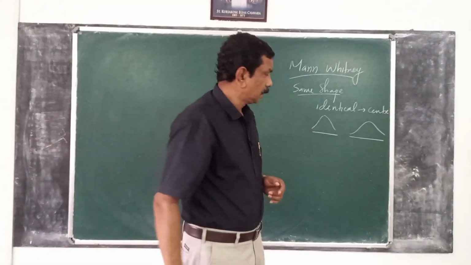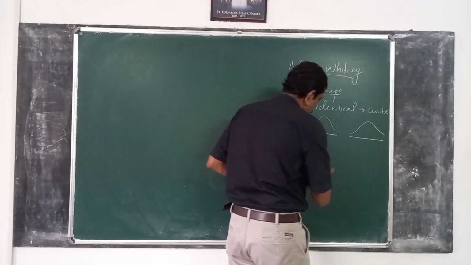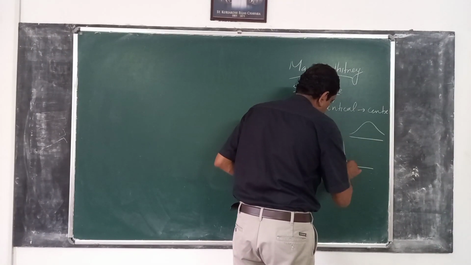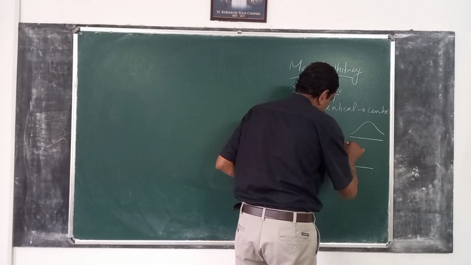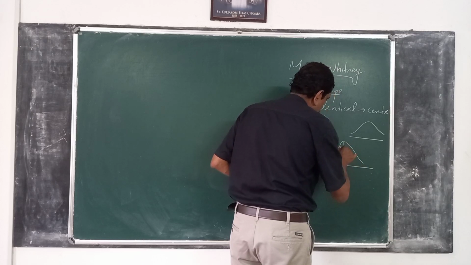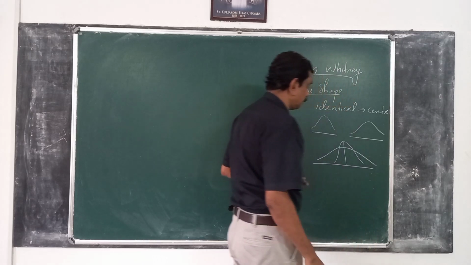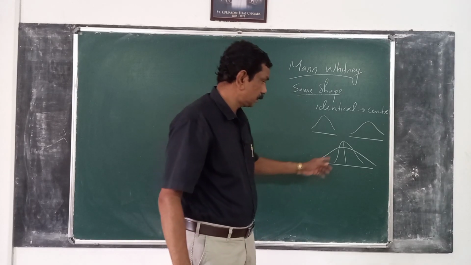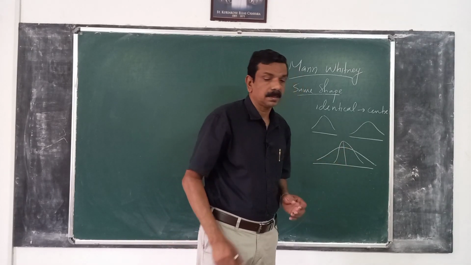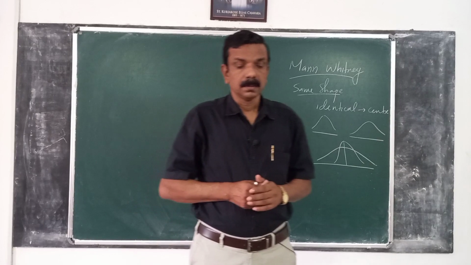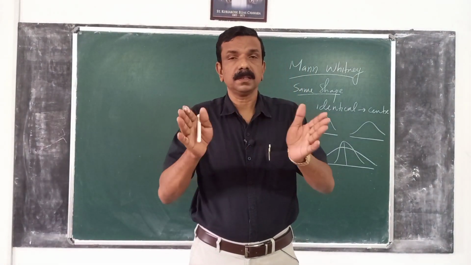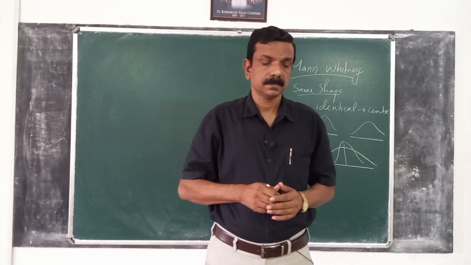Similarly, two normal populations with different standard deviations, even though the center, the mean, is the same, are different in shape.